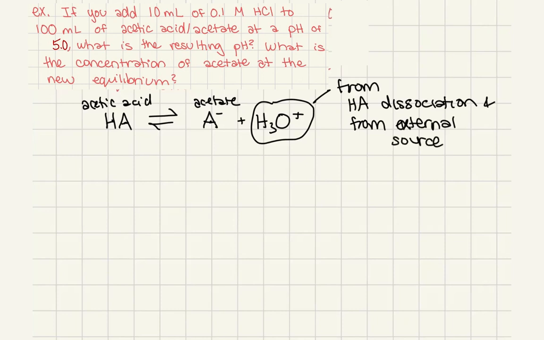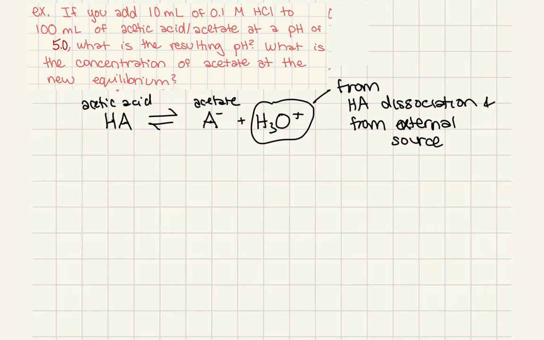So somehow you adjusted the pH, you added HCl, something like that. And so this H3O plus that we have here is from all combined sources. So we don't even have to know exactly where it came from. We just have to know the value. And we can calculate that value based on the pH.